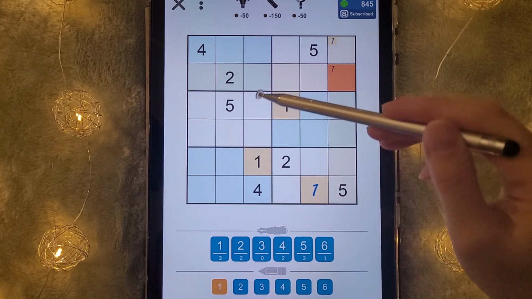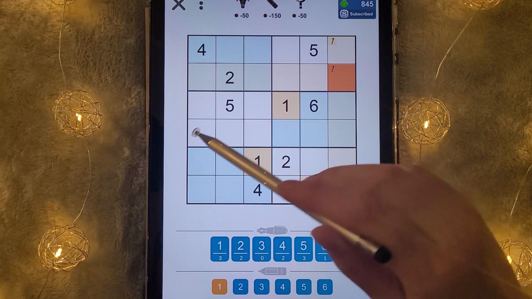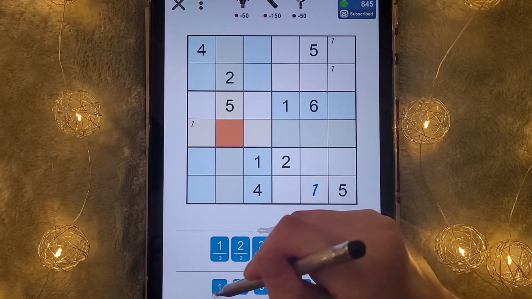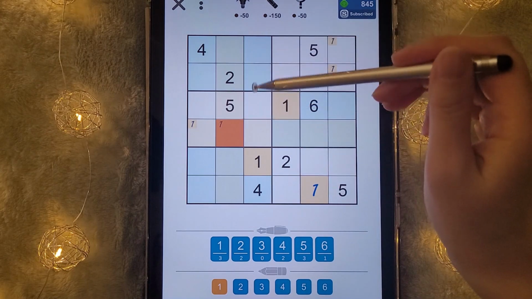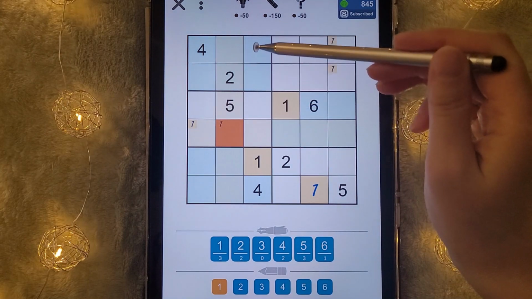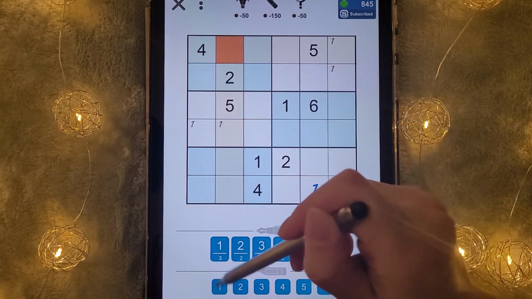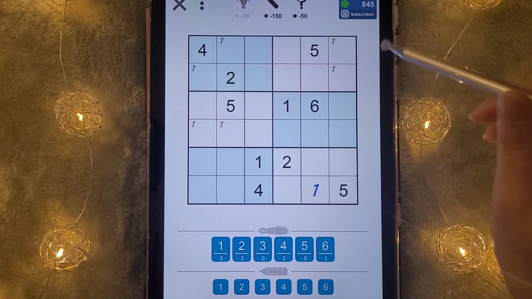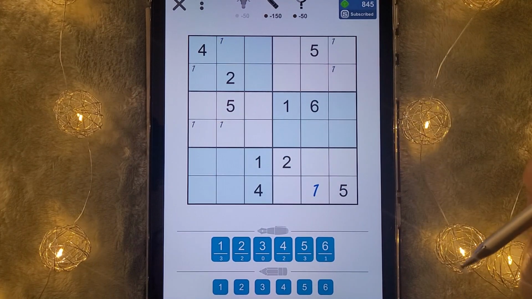And this box here, these ones are blocked, these are blocked, so the 1 has to go in these 2. And then up here, these 2 cells are blocked by this one, so we know that the 1 has to go in one of these 2 cells. Okay. So we've got the 1s at least placed as much as we can.